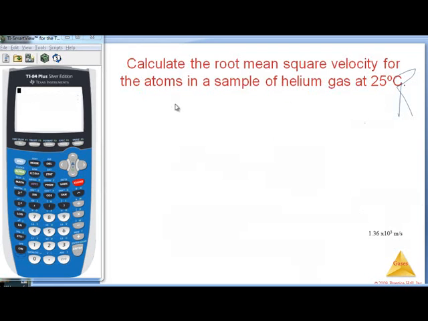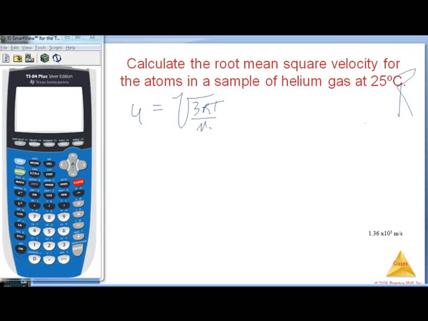Gas at 25 degrees C. Okay, so we know the root mean squared velocity is the square root of 3RT over the molar mass.